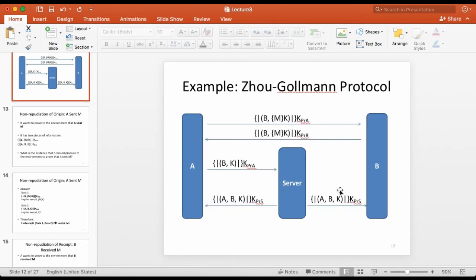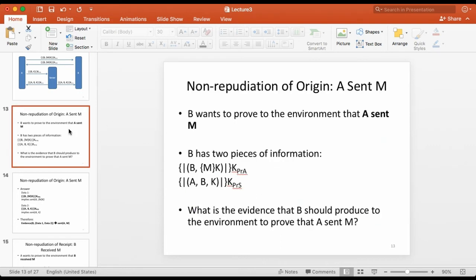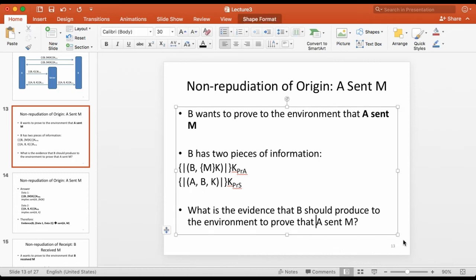Okay, so this is essentially this last message over here, and basically, it's got these two pieces of information. Now the idea is, can B prove, using a combination of these two pieces of data, to the external environment that A indeed sent the message M, and that it wasn't someone else?